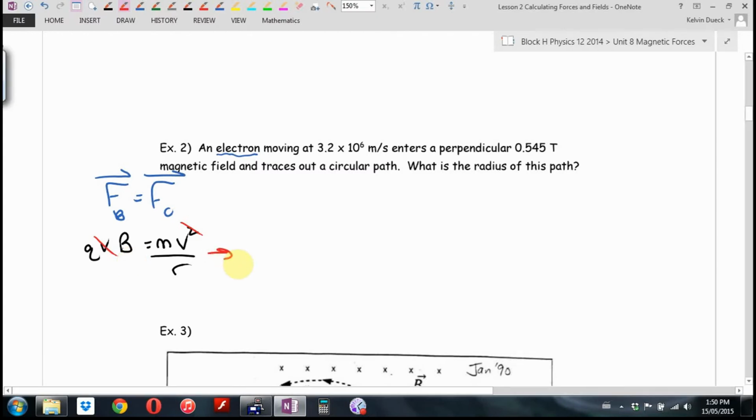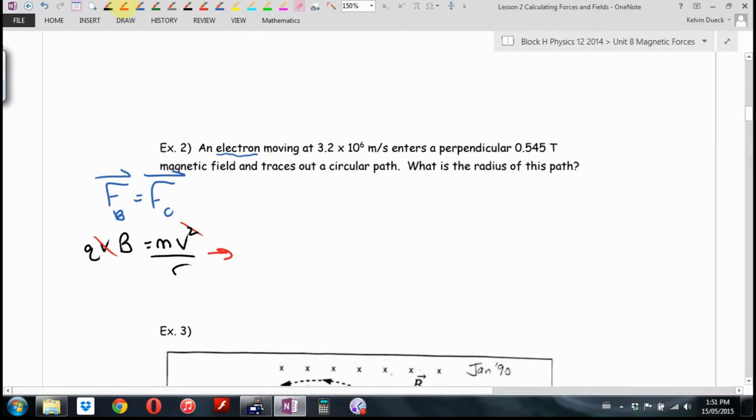What did you say we're trying to get by itself? R. I see kids go, QB over MV equals R. Call me silly. I think what they still have is that. Don't do that. I got nothing. Cross multiply. Don't do that.